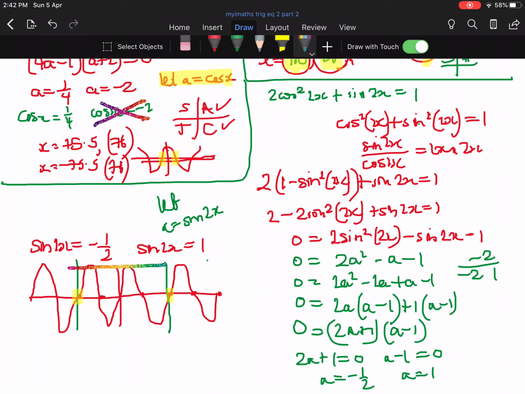Well, if sine x is normally at 1 at 90 degrees, then sine 2x is obviously just going to be half of that, so 45. So this angle here is going to be 45. And this angle is going to be 1 at, I'm guessing, negative 135.